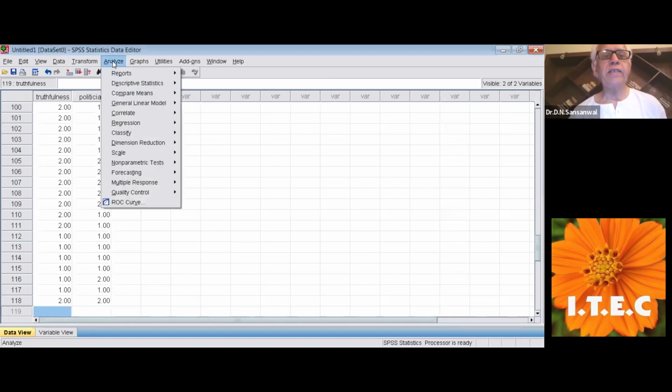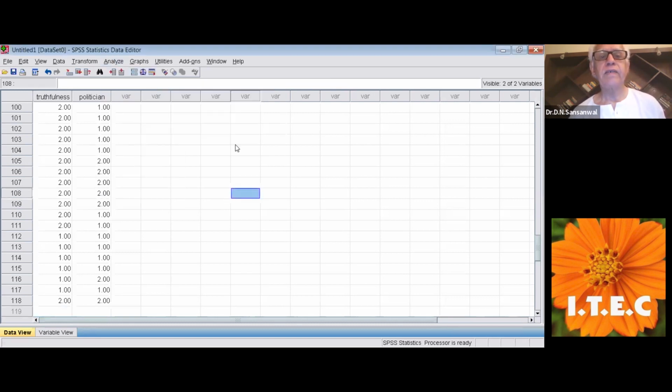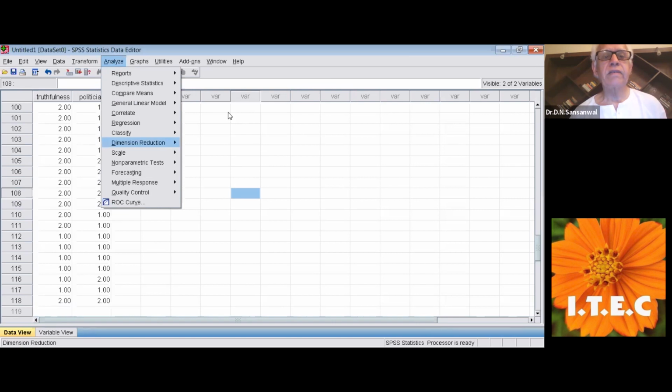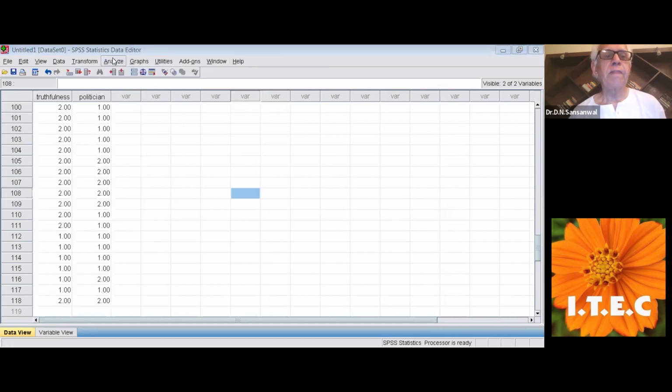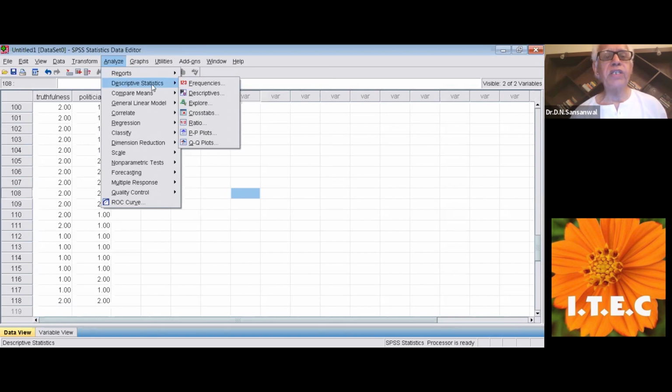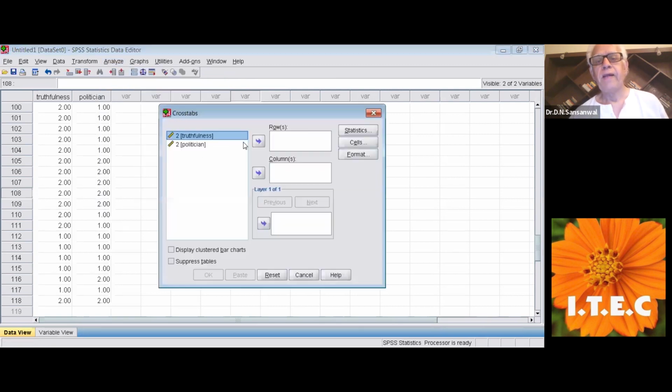Now we go to analyze, then we go to descriptive statistics. Please note it carefully. We first click on analyze, then descriptive statistics, and then crosstabs. And in the crosstabs, there is a row and a column.